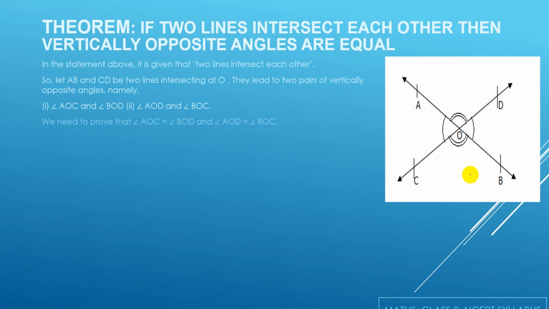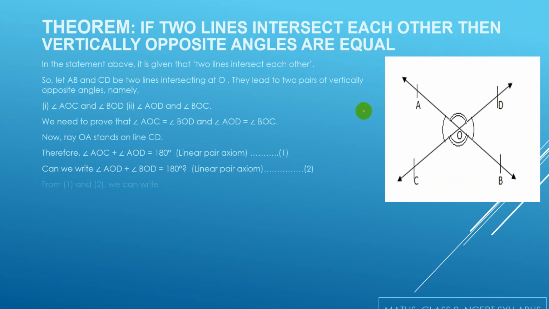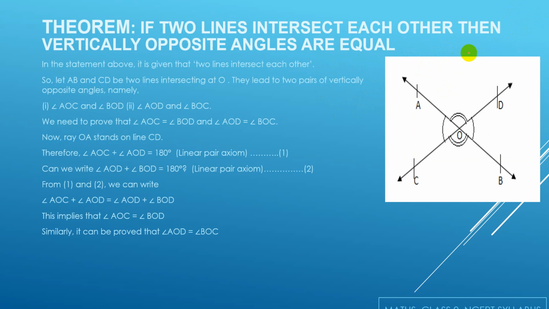If I see the straight line CD, I can say with the linear pair axiom that AOC and AOB, these two angles, are equal to 180 degrees.